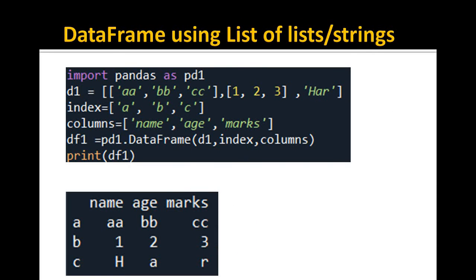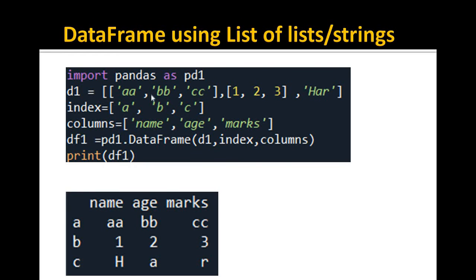There is more elaboration of creating a data frame using a list of lists and another sequence, strings. Here in the second line you can see that this D1 is a list of lists and a string.